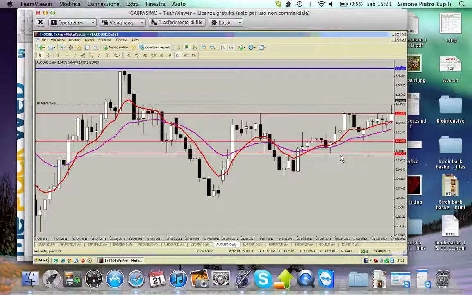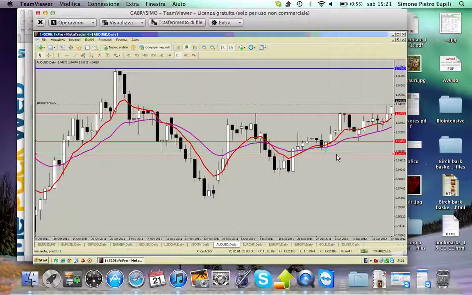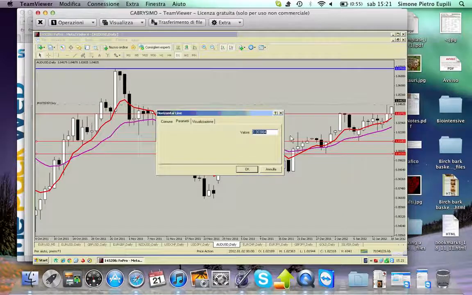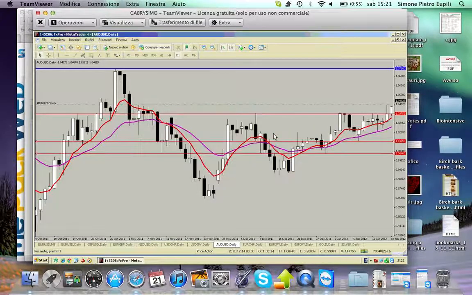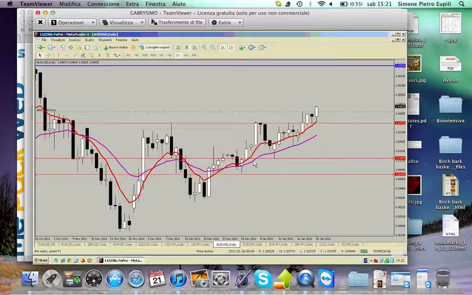It was 0.040. This way, I always try to set a target where I can make at least double the money I'm risking on the trade.